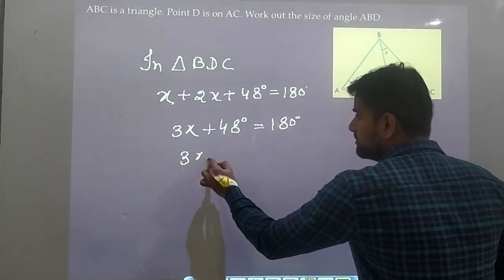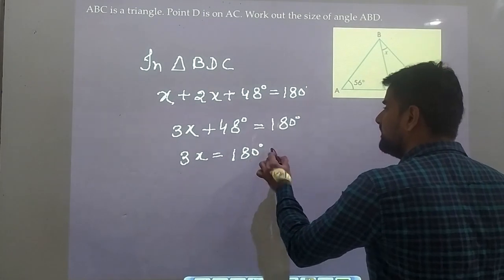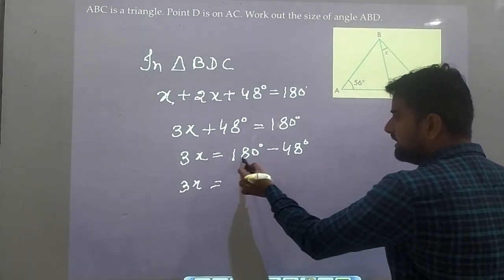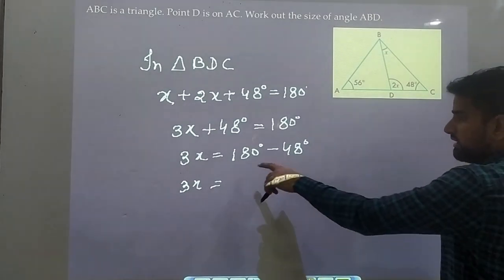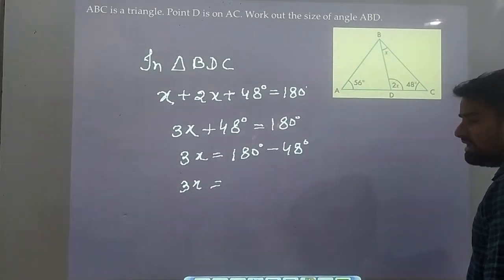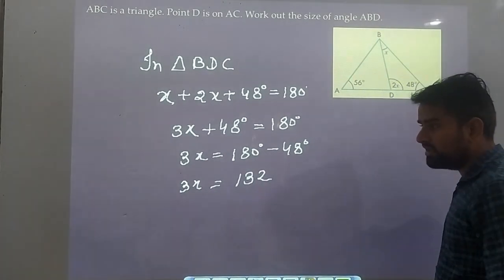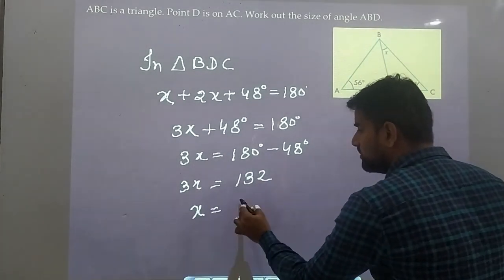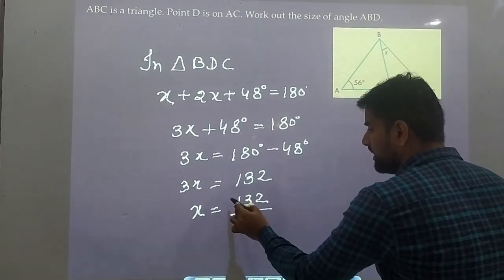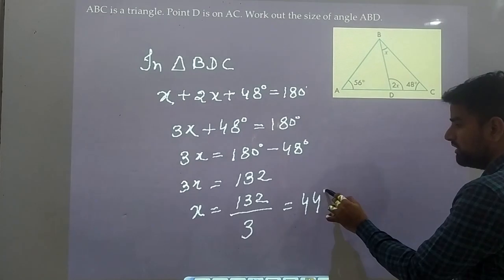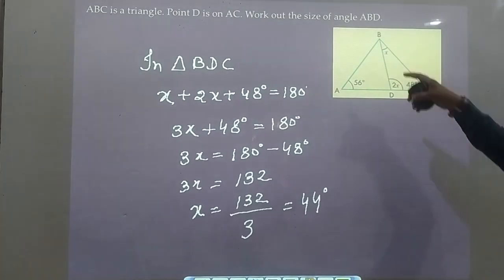So 3x should be equal to 180 degrees minus 48 degrees. So 3x, 180 minus 40 is 140, 140 minus 8 is 132. So x should be equal to 132 divided by 3, so this becomes 44 degrees. So the value of x is 44.